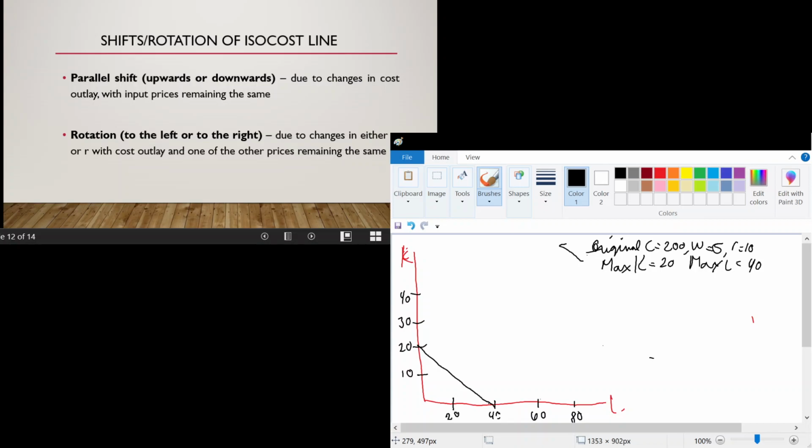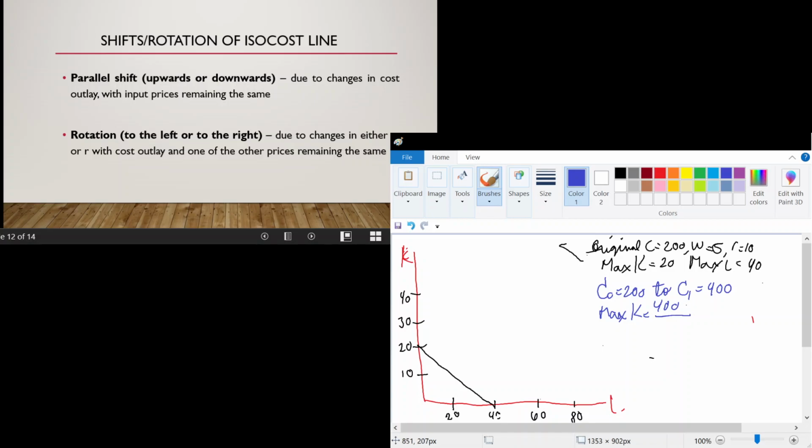Now, let's take an example. May parallel shift daw siya. So, therefore, yung original cost natin, which is 200. So, from 200, naging, for example, naging 400 siya. Okay? So, sabi dito, changes in cost outlay with input prices remaining the same. So, we just change yung cost natin. So, therefore, yung max K natin will change since 400 na yung new capital outlay natin.